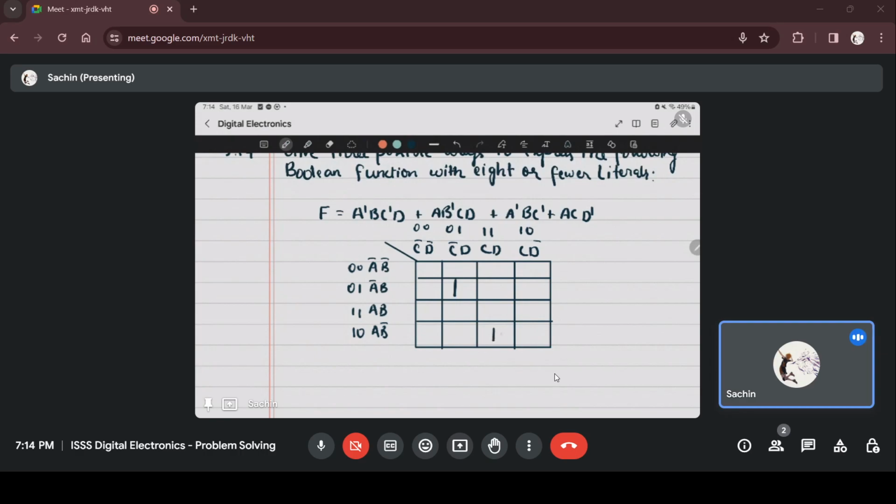A b prime c d is that cell. A prime b c prime is that cell, and that cell which has already been covered.